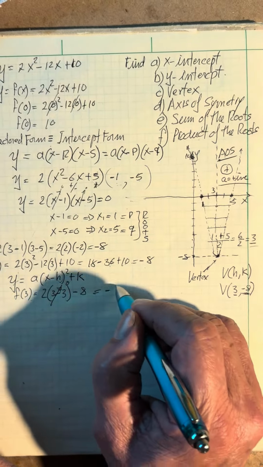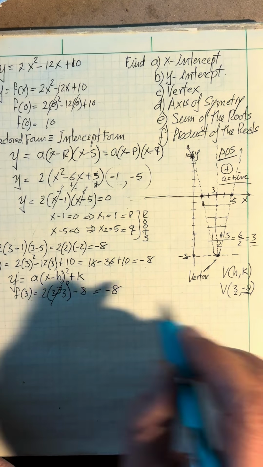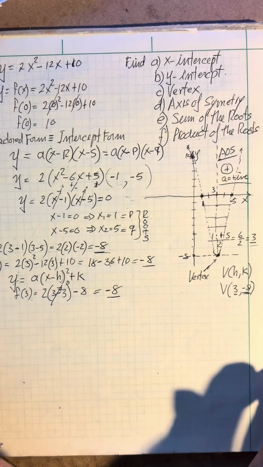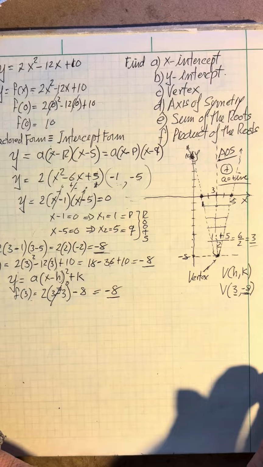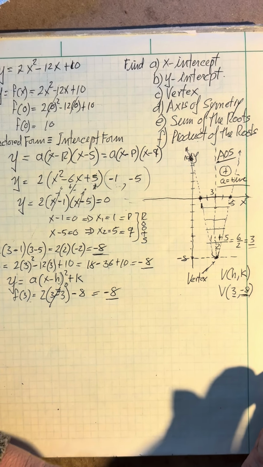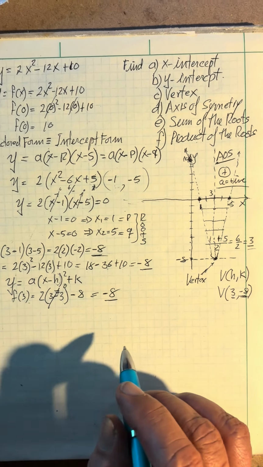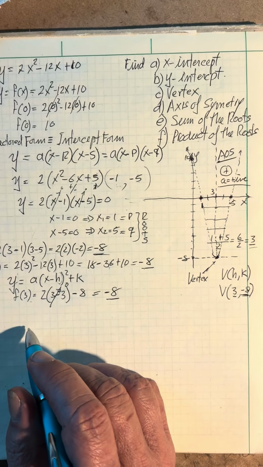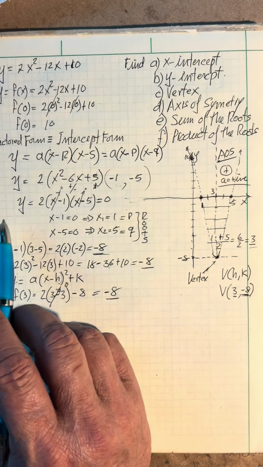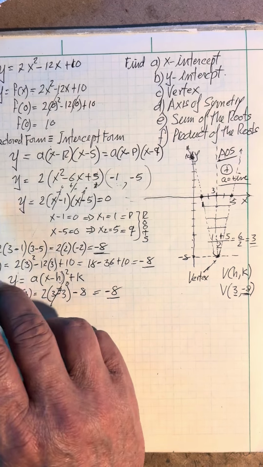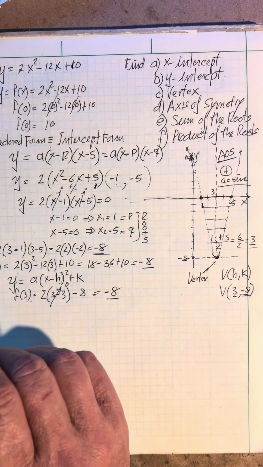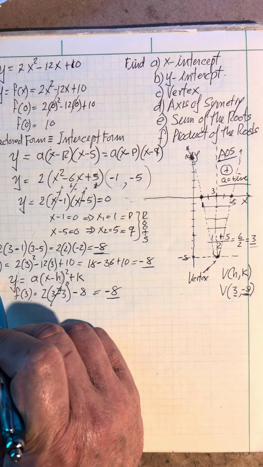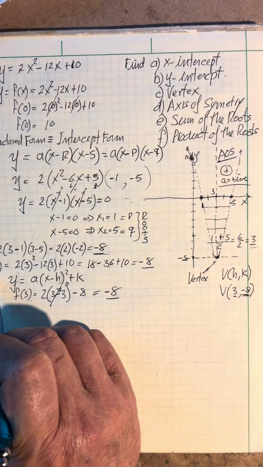That means, again, we get minus 8. Okay, so that's question B. Let me see, this question was not B. This B finished here. This is question C, using the vertex.